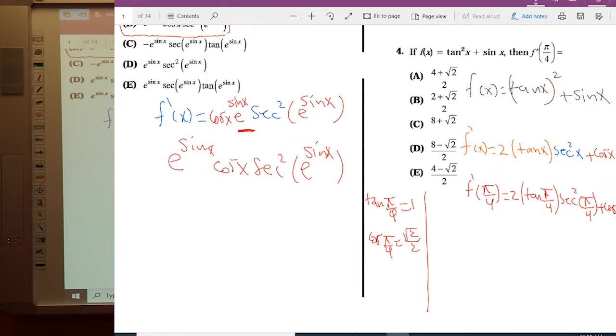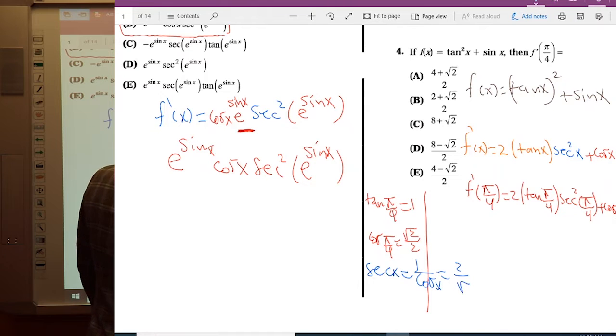Secant, I'm going to just take the secant by itself. Secant x is 1 over cosine, which is the reciprocal of this. You see that? Secant is 1 over cosine. Then this equals 2 over square root of 2.